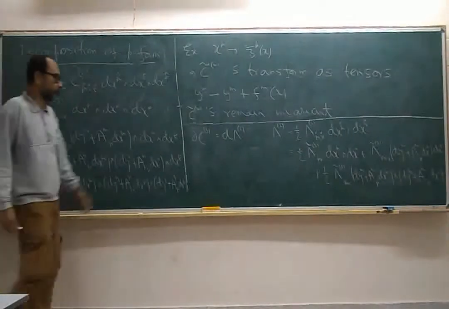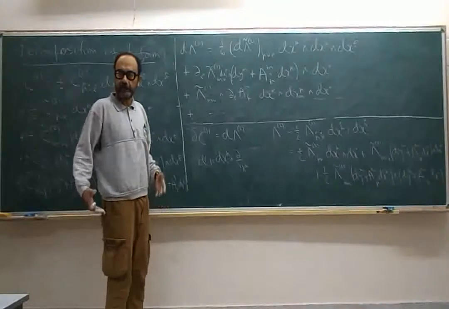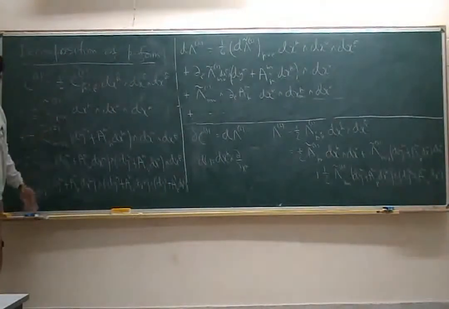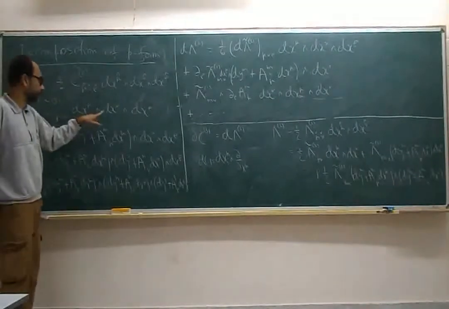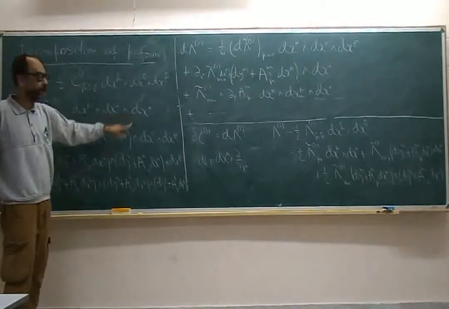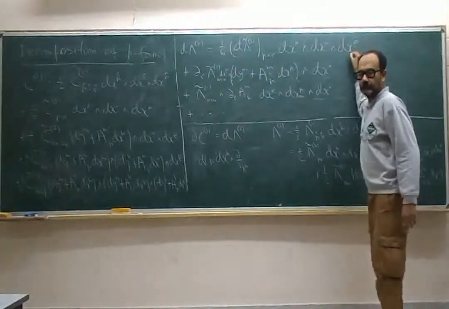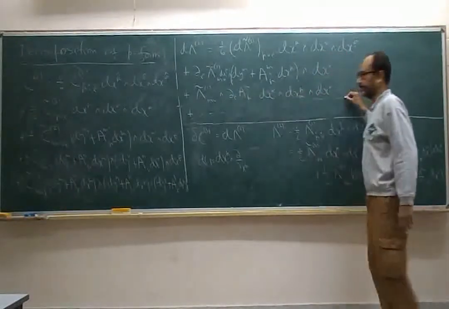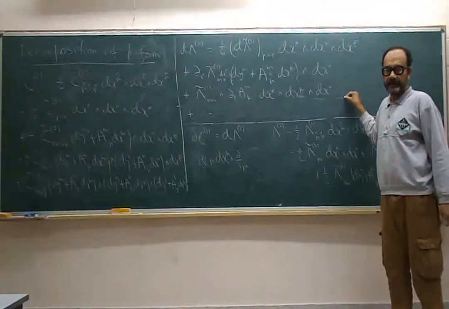Because the transformation is given already in 11 dimensions, you cannot change C3, and you have to reinterpret this as changes in the C tildes. Now for the change in C tilde 3, we have to pick up the coefficients of dx mu dx nu dx rho. One of course comes from here, but there is another term which is coming from here.